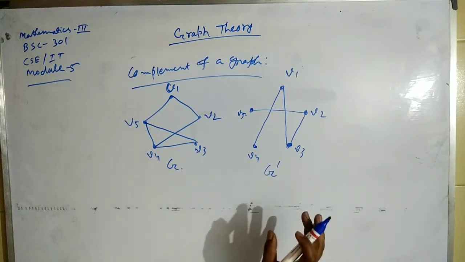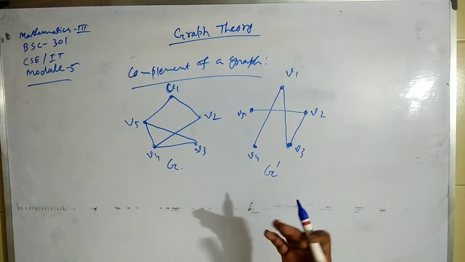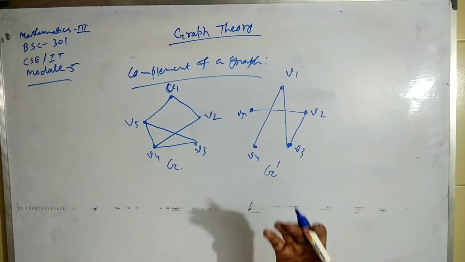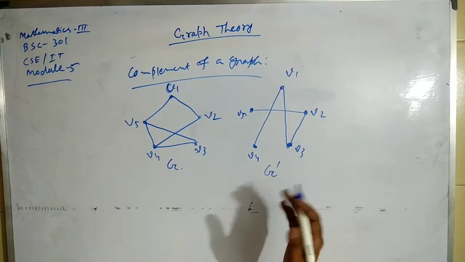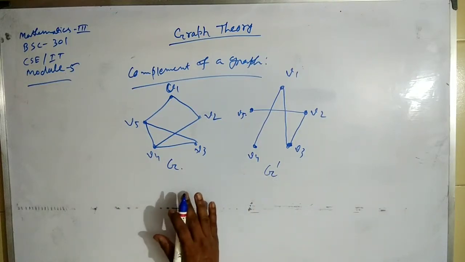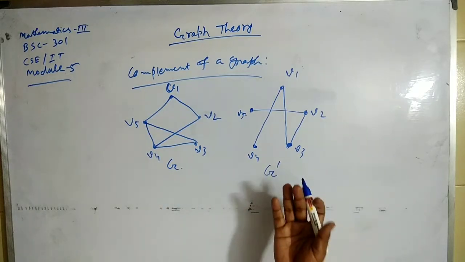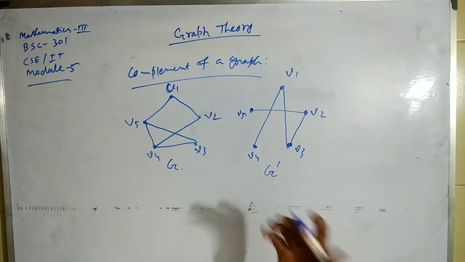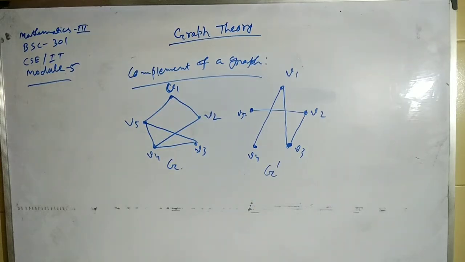Now, you can wonder how we can be confirmed that all the edges which were not present in G to make it complete have been drawn by us in G dash, the complement of this graph. For that confirmation, you have to know one property of the complete graph, which is the number of edges in a complete graph.